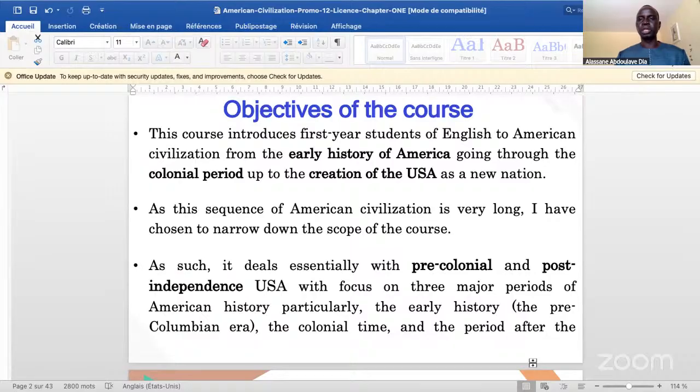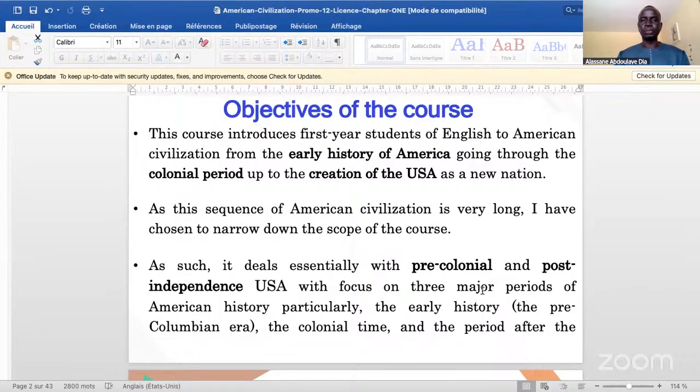Early history means the beginning of American history. And then we move to the colonial period. And then we finish with the creation of the United States of America as a new nation.